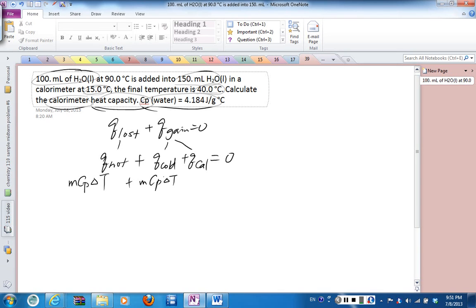The only thing that's common for the two parts of water is the specific heat, Cp. And then, of course, the calorimeter. How do we break it down? Well, we want heat capacity, which is C, and of course that would be C delta T.